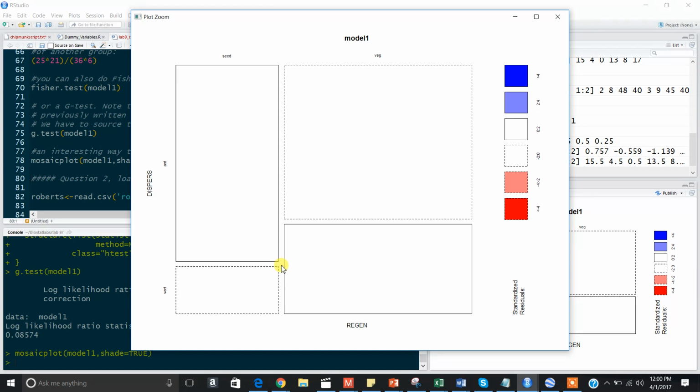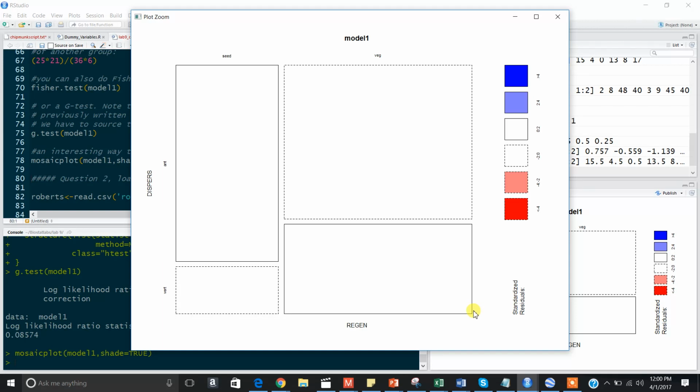So vegetative regeneration, so we're looking in this area here, is more likely to be dispersed by ants rather than vertebrates. And we can interpret this because of the size of the box. The boxes for ants is much larger than that of the vertebrate dispersed.